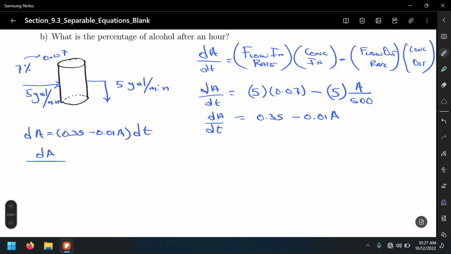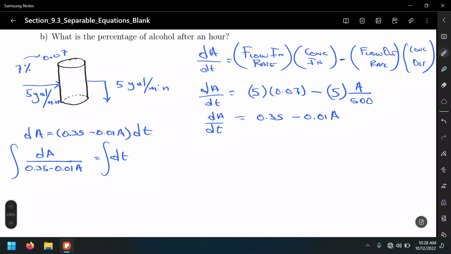That's dA over 0.35 minus 0.01A equals dt. And in this case, we're ready to integrate this equation. Integrate both sides of the equation. That's the integral of dA over 0.35 minus 0.01A and the integral of dt.